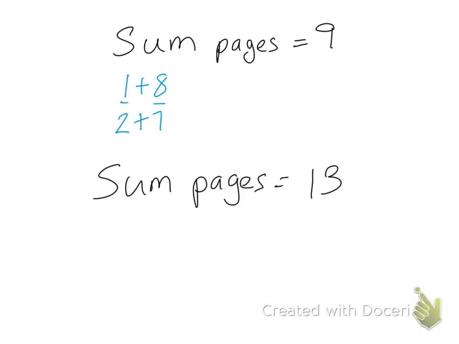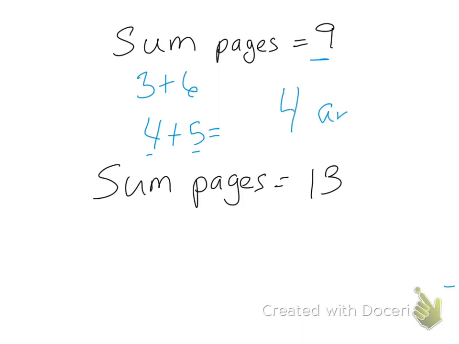So it couldn't be either of those. So let's keep going. So we have 3 plus 6. Those aren't consecutive. And 4 plus 5. Oh, there we go. 4 and 5 are consecutive. So if the sum was 9, then the pages would have to be numbered 4 and 5. Okay, because 4 plus 5 is 9.